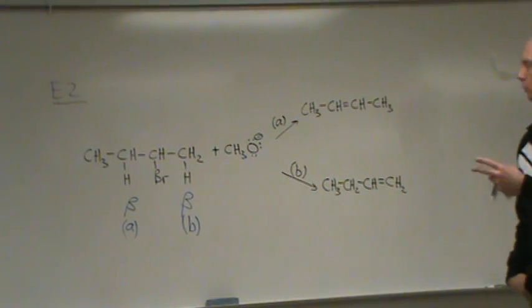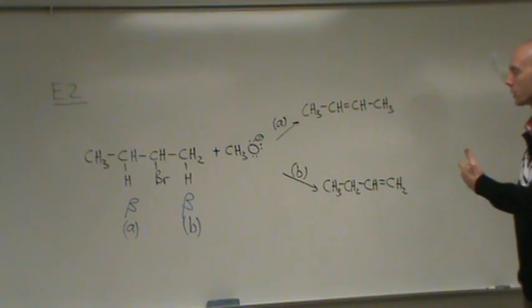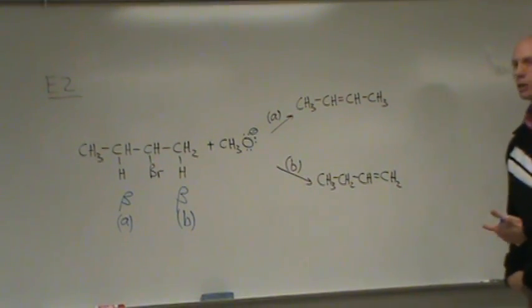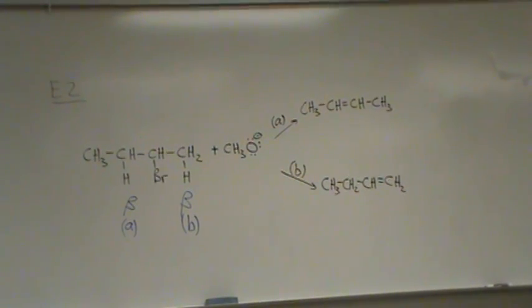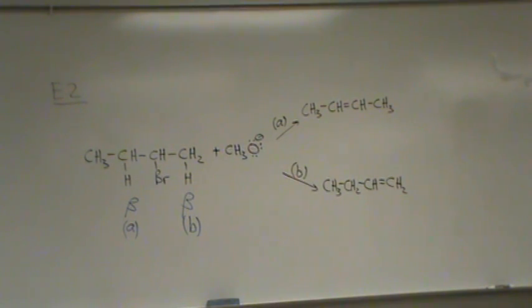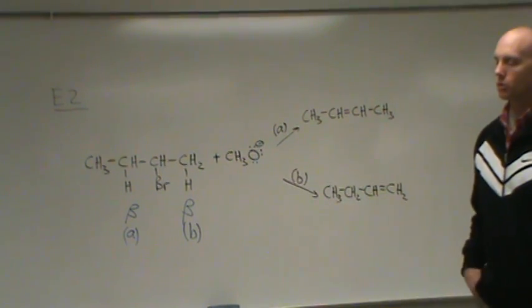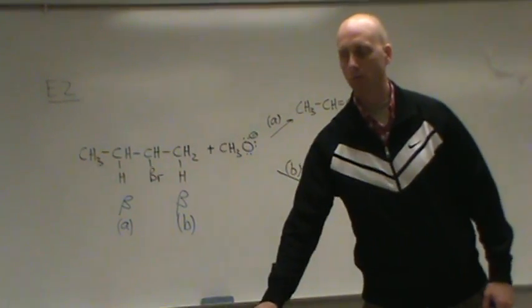When you can get two products, you always want to ask which one can form more, which one forms less. The one that forms more, we'll call that the major product. The one that forms less, we'll call that the minor product. Which one of these do you think will form more?